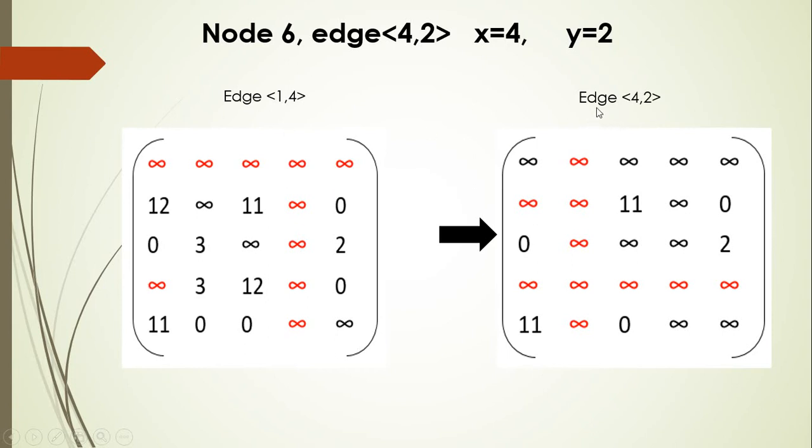Again, this is for edge 4 to 2. So make it infinity for 4th row and 2nd column. And again here we are not going to travel from 2 to 4, so make that also infinity.